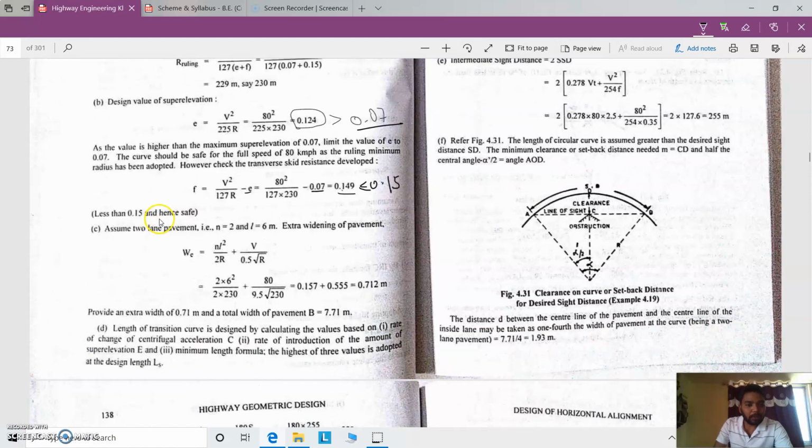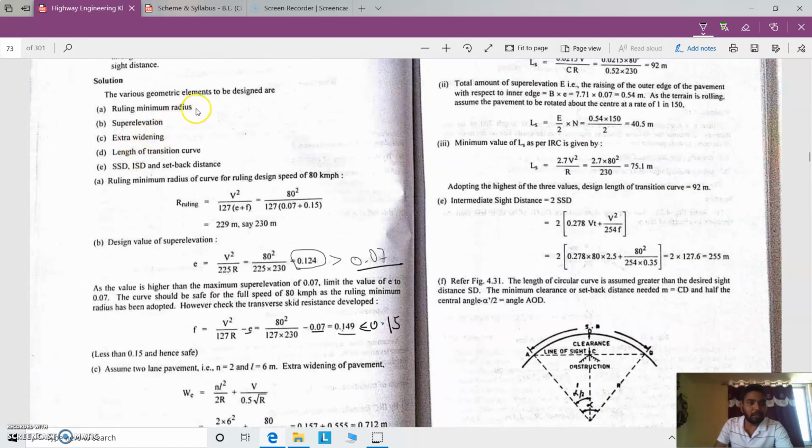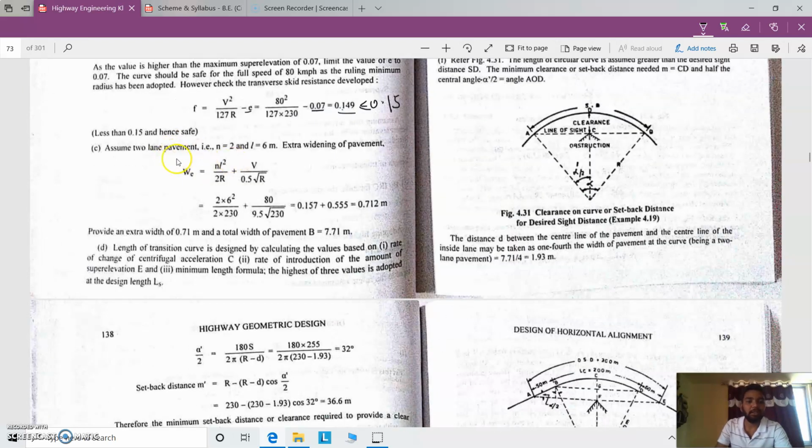Now extra widening. The radius of the curve is 230 meters, and super elevation is 0.07, provided up to its maximum value. Extra widening is mechanical and psychological widening. So here, for state highway, n will be two, the number of lanes, that is 7.5 meters of width, and l is considered to be 6 meters or 6.1. Either you can consider 6 or 6.1 for this calculation.